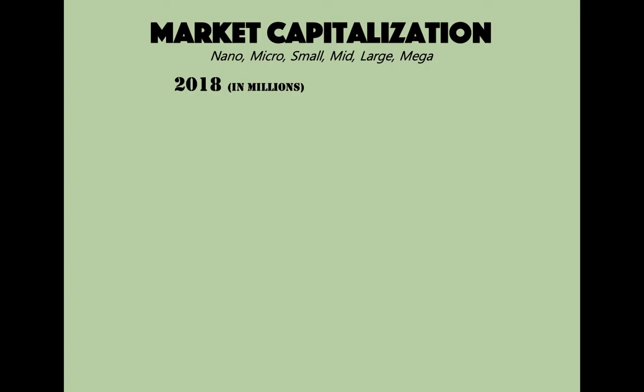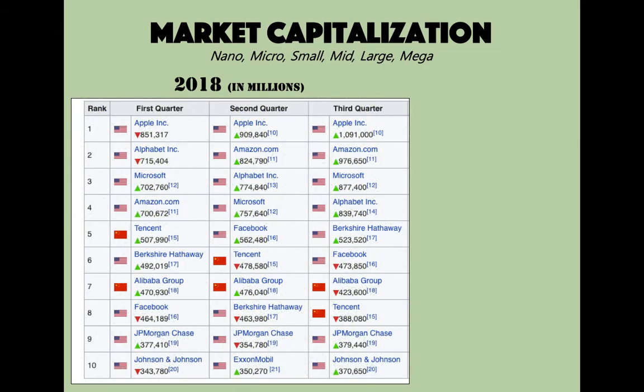So looking at market cap here in 2018, here's the list of the most valuable companies in the world. So in 2018, in millions here, you have at the top of the list, and they've been at the top of the list for a while, Apple. Apple was the first company in the US or anywhere, I believe, to reach $1 trillion in market cap or value.